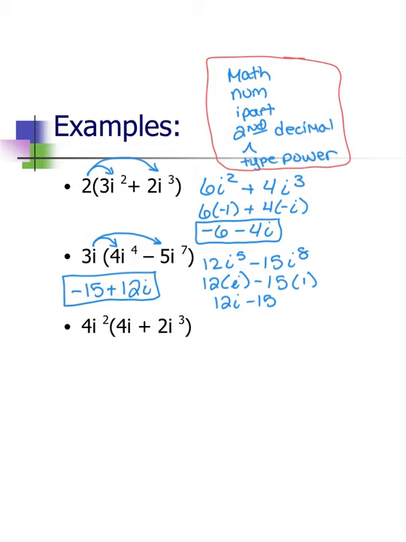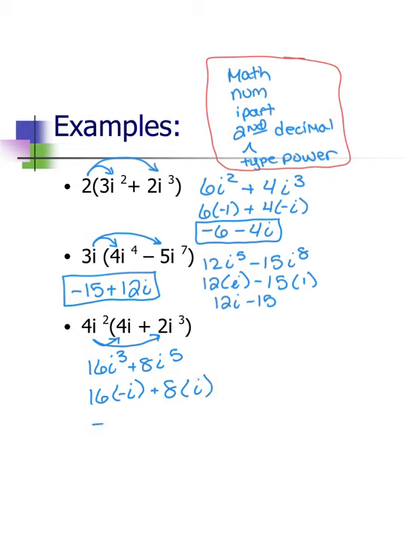If I look at the third example here, again, I'm going to distribute. 4i squared times 4i is 16i to the third. 4i times 2i to the third is 8i to the fifth. If I use my calculator, i to the third is -i, and i to the fifth reduces to an i.